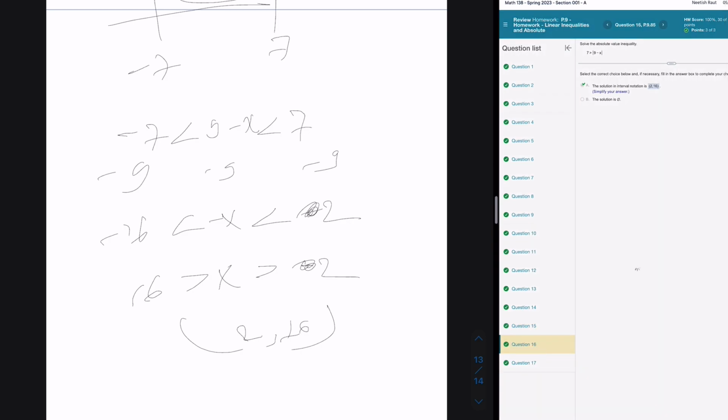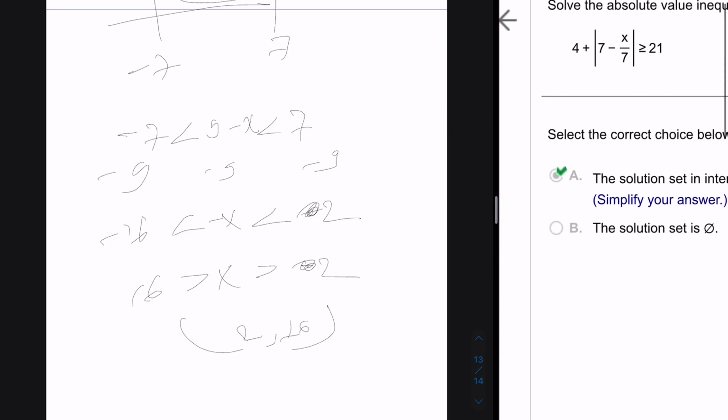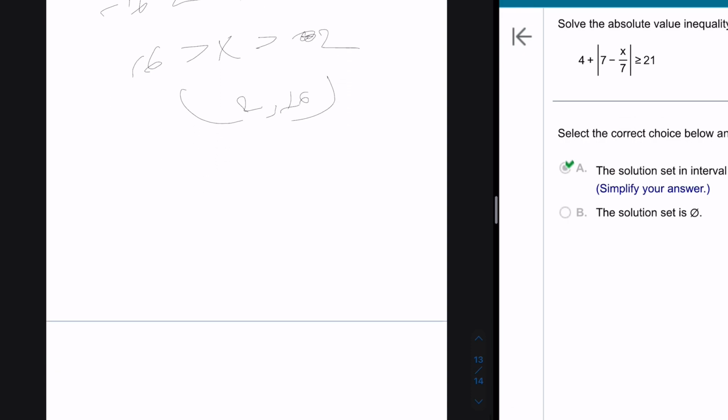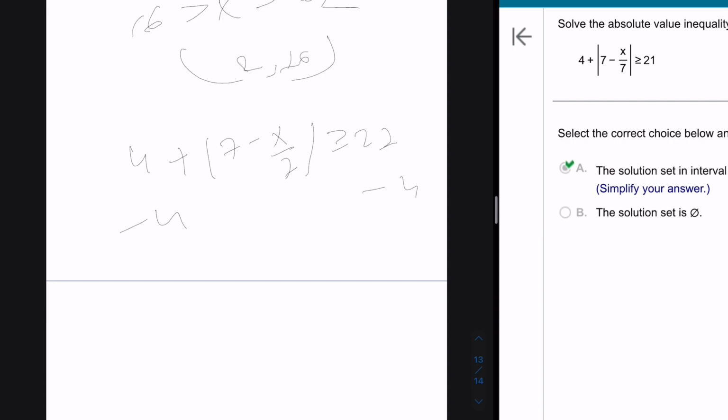Question number 16. Question number 16 is the same. First subtract minus 4 on both sides.